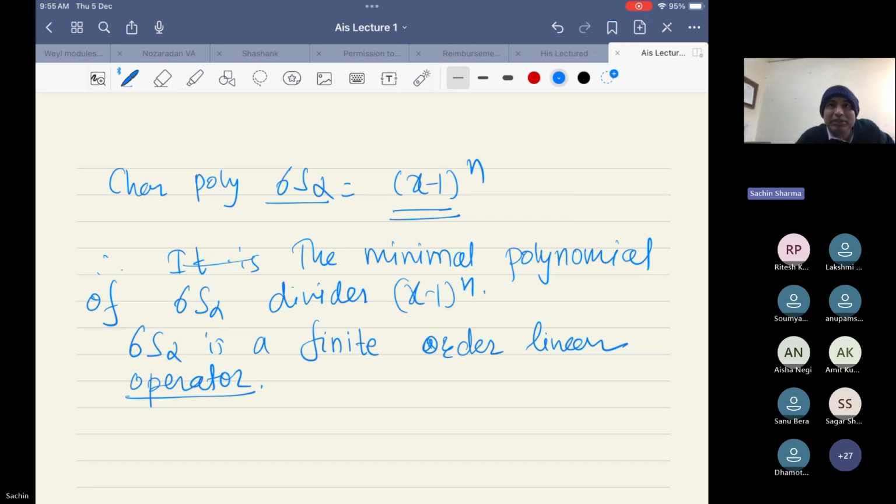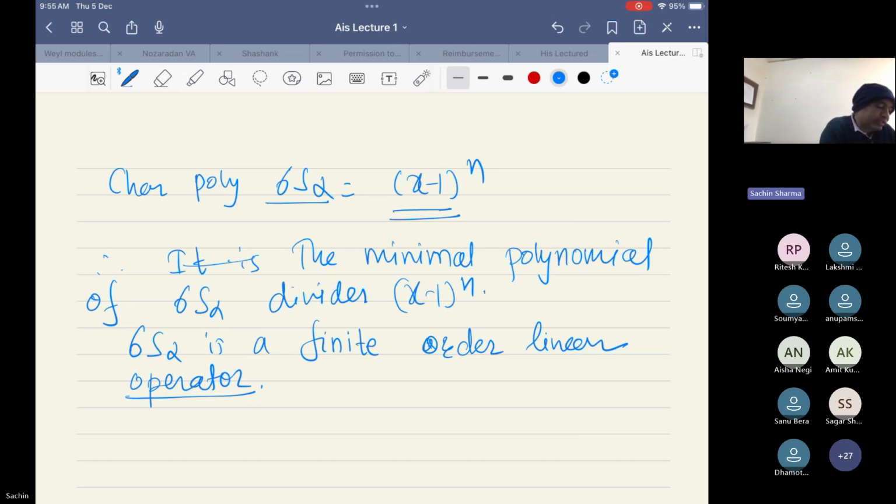Suppose a subset spans V and sigma permutes that set. So there will be a finite set of phi which is enough, so it should be related to the cardinality of phi, right? So that's why sigma is a finite order map. S alpha is a finite order map, and the product is also a finite order thing.